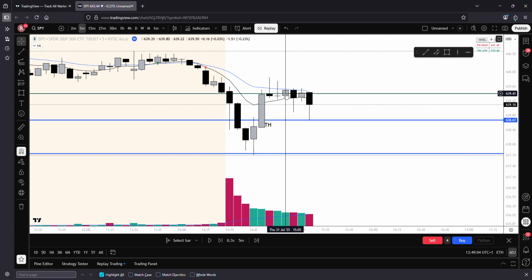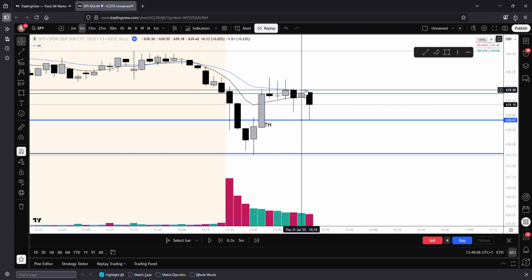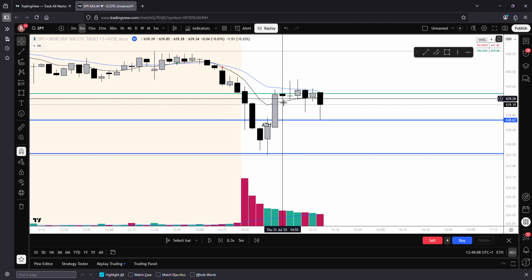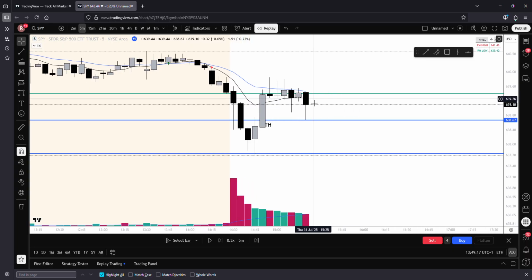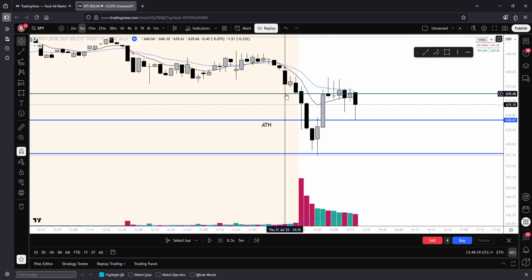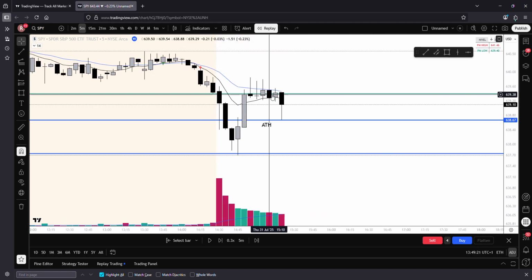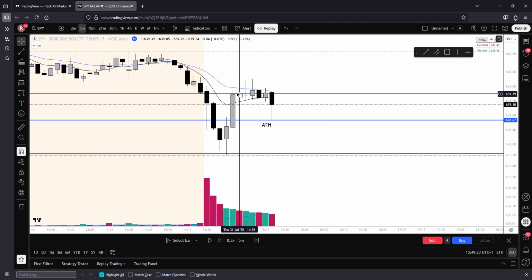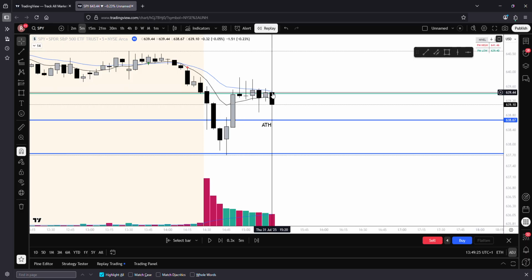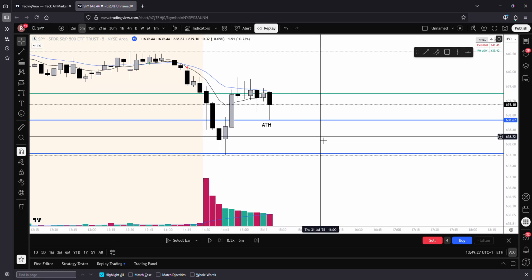However, we have rejected pre-market lows multiple times here. Remember, these are 5-minute candles, so 5, 10, 15, 20, 25, 30, 35 minutes we have attempted to break our way through pre-market lows. We have not managed to get through that level, rejecting the 5-minute extended hours 21.